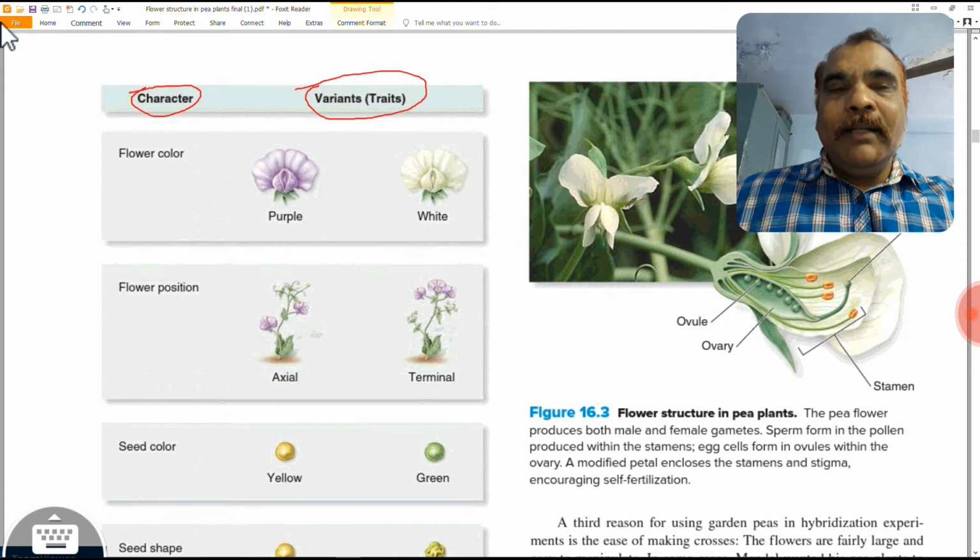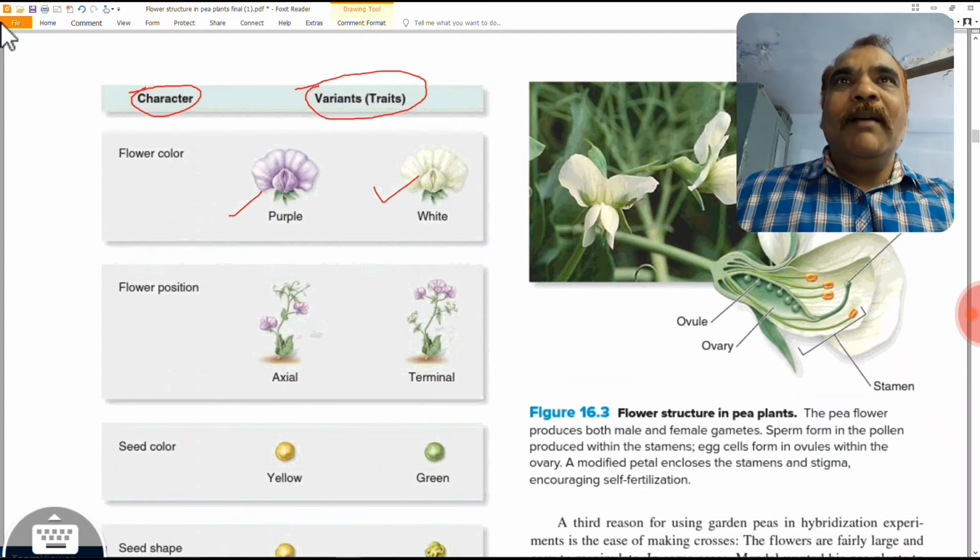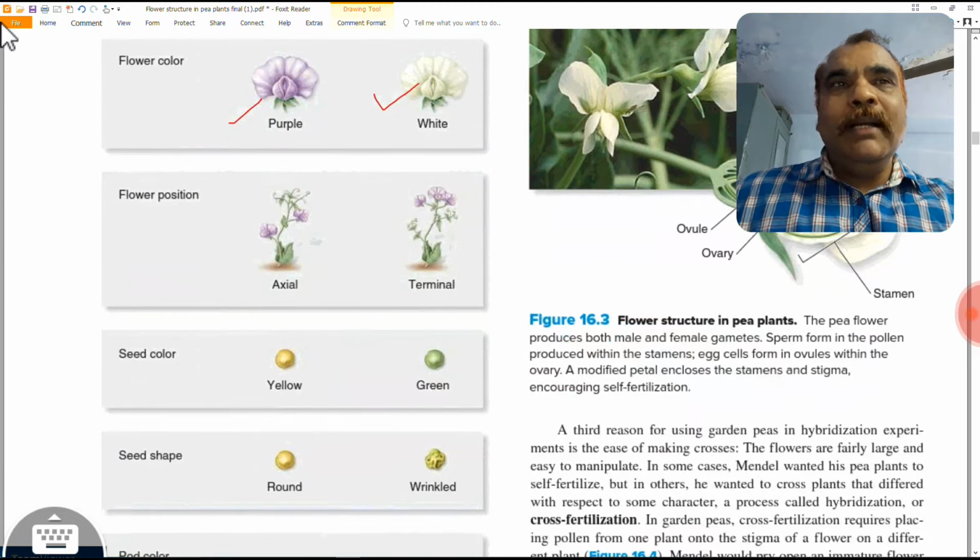Flower color: some plants have purple flowers and some plants have white flowers. Then flower position is also different. In some plants the flowers are present axially, and in some plants the flowers are present terminally. Then seed color is also different.